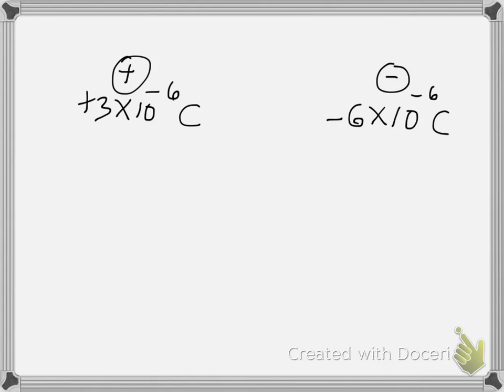And let's say they're separated by a distance of 0.15 meters or 15 centimeters. And we just want to calculate the force that each of these objects exerts on each other.